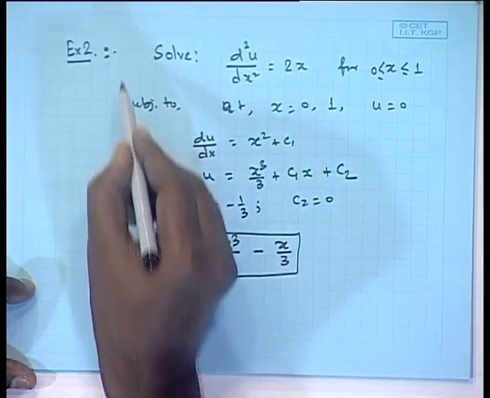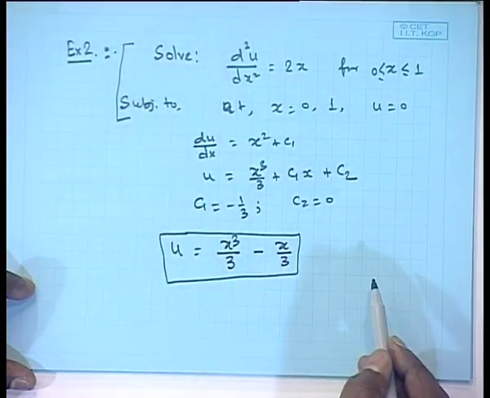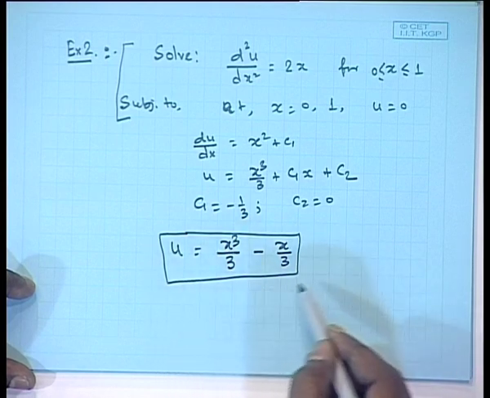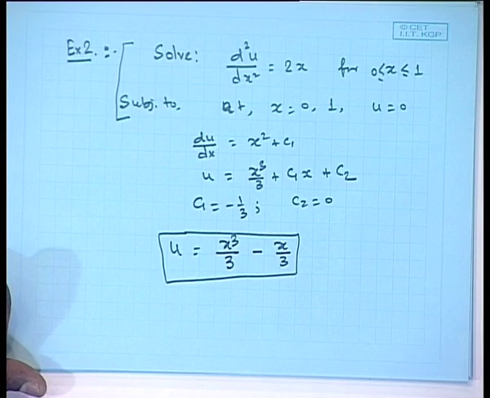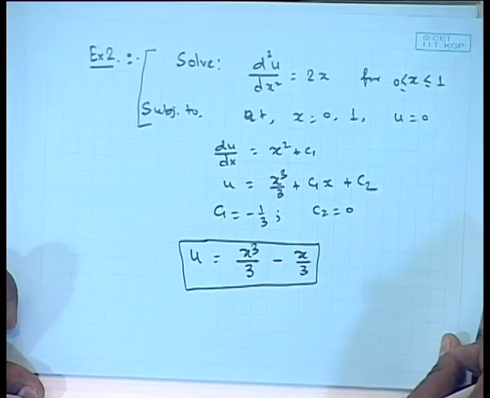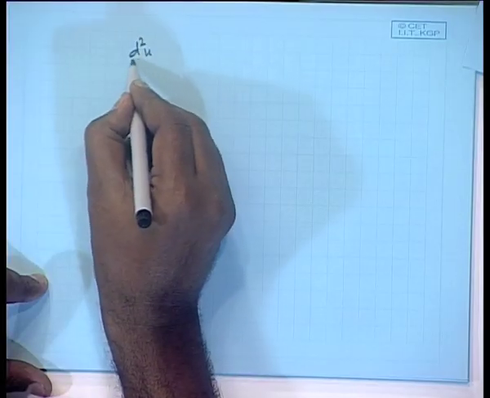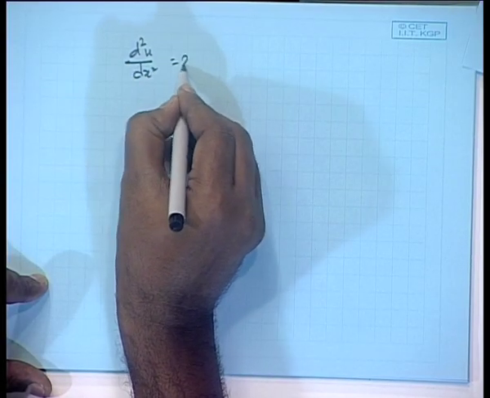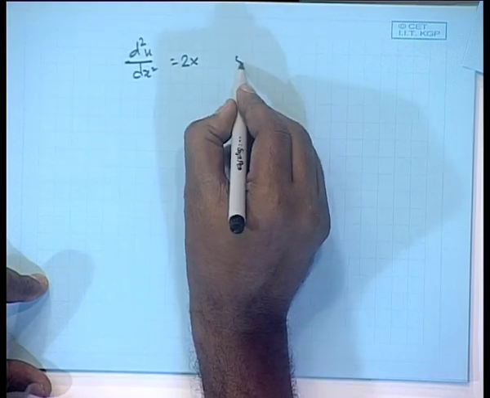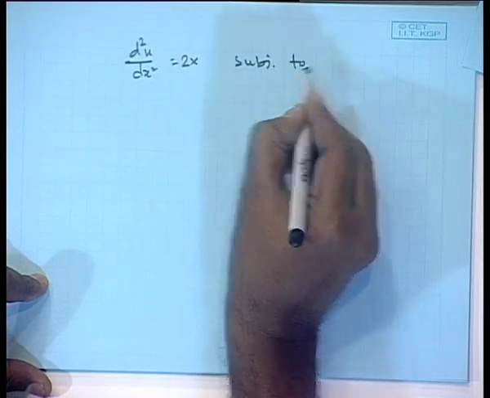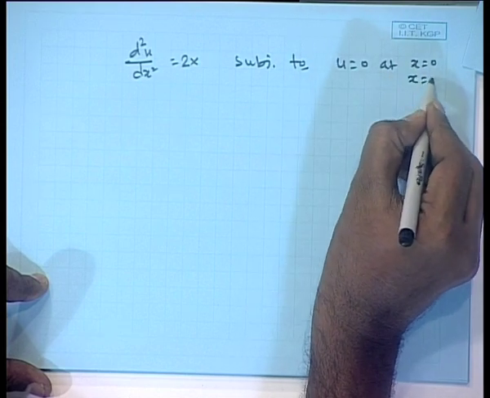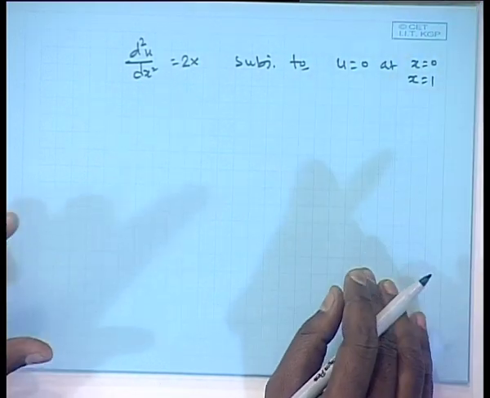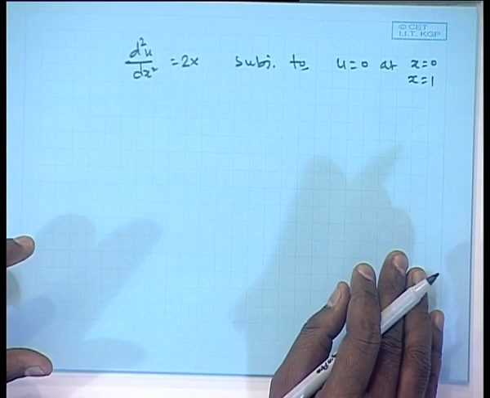Now, we will be trying to solve this problem using Green's function method and check whether we are getting the same solution or not. That will demonstrate the uses of Green's function. Now, given the problem d square u/dx square is equal to 2x subject to u is equal to 0 at x equal to 0 and at x equal to 1, let us formulate the causal Green's function first.